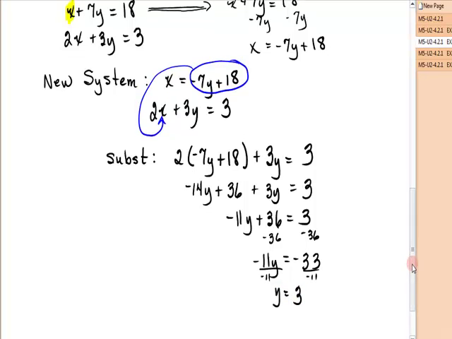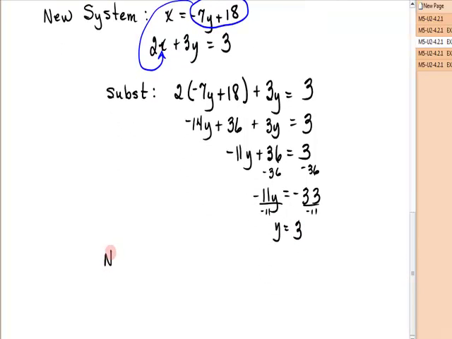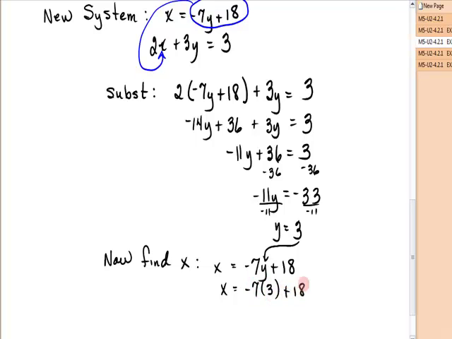Unfortunately, I'm not all the way through. Now, we have y, so now find x. You should have an equation where it's circled. X is equal to negative 7y plus 18. I'm going to plug that in. X is equal to negative 7 times 3 plus 18.